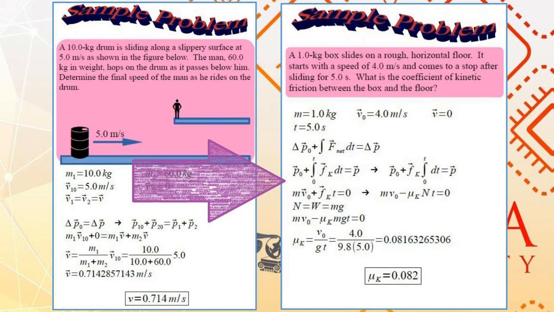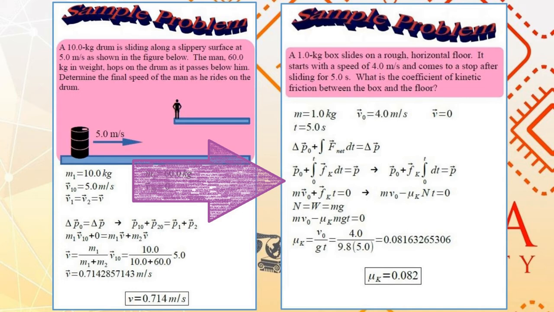Using the component method, all our vectors in the equation are horizontal, so only x component. So we go directly to the x component. There is no y component. v naught is horizontal, positive direction. Friction is negative direction, opposing the motion.